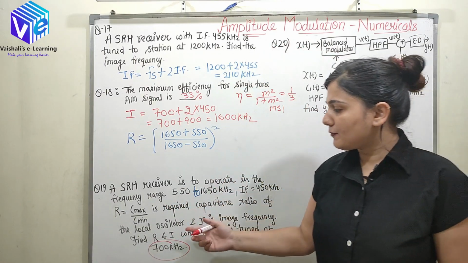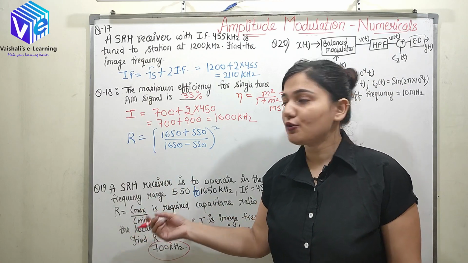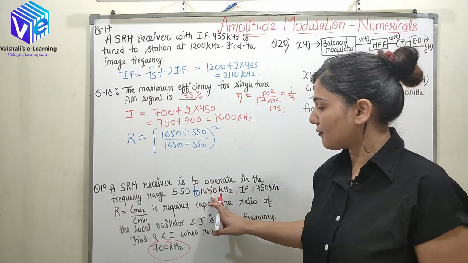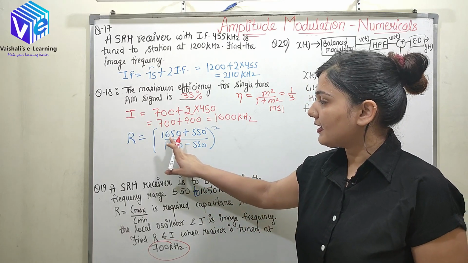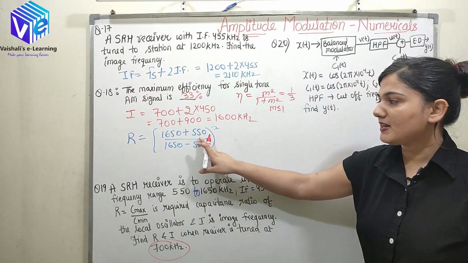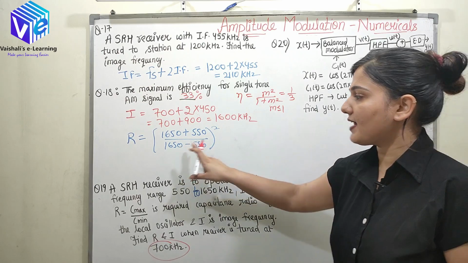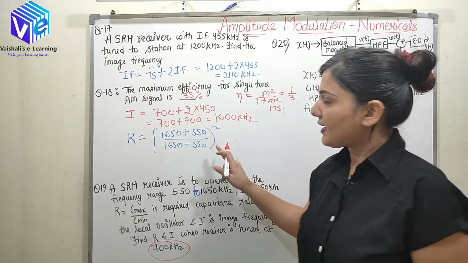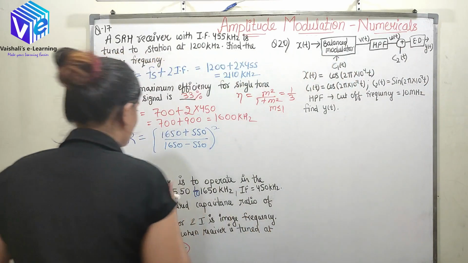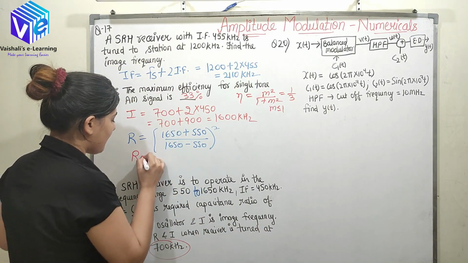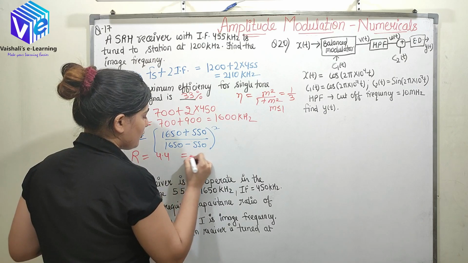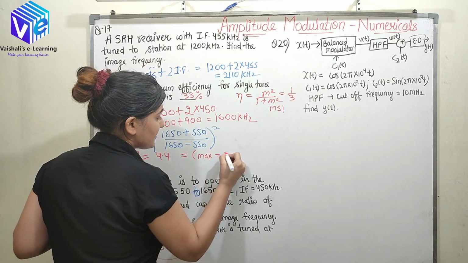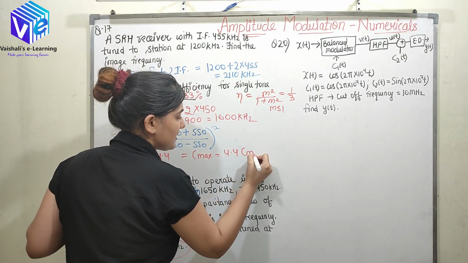The maximum to minimum capacitance ratio can be found using the frequencies' addition and subtraction, squared. When the maximum and minimum frequencies are added and subtracted, and I take the square, I get the ratio of the maximum frequency upon the minimum frequency. So it came out to be 4.4, which means Cmax is 4.4 times Cmin.